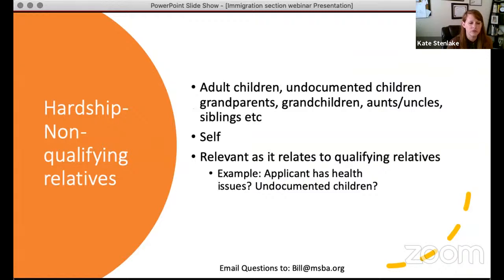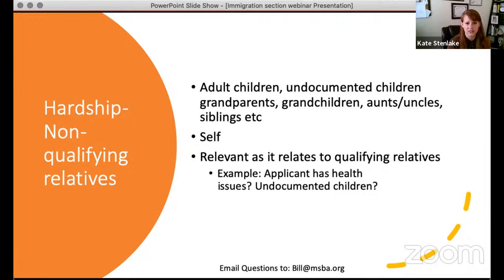Non-qualifying relatives, so adult children. First you need to show that the person does have a qualifying relative. But then there are also non-qualifying relatives, such as adult children and undocumented children. They can still count for hardship. However, you have to show how their hardship impacts the qualifying relative, not the applicant.